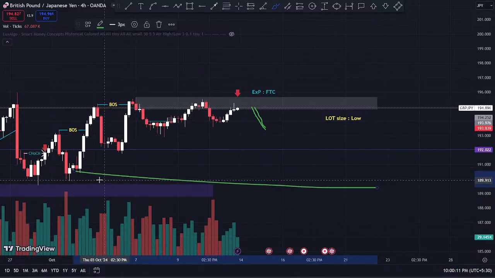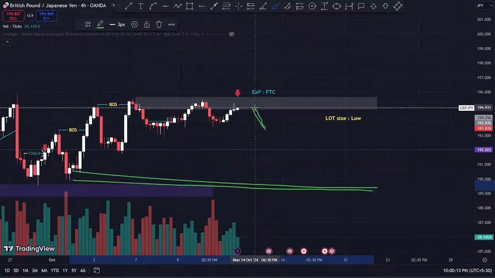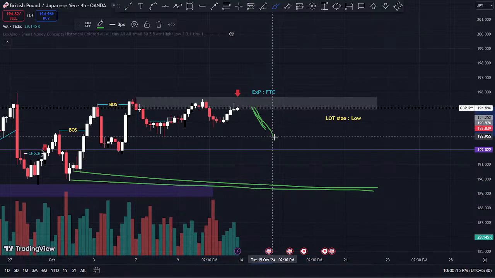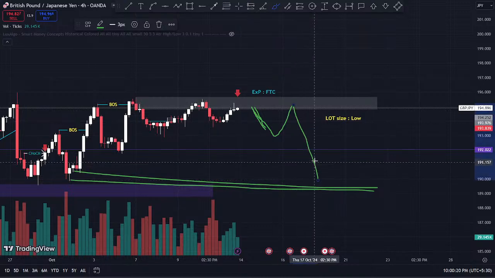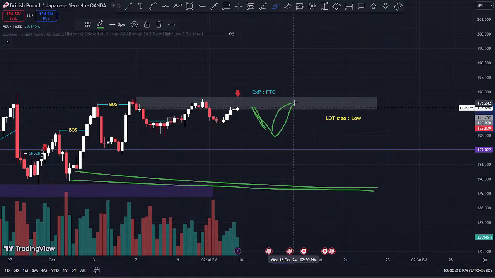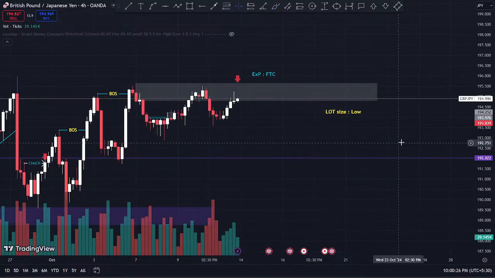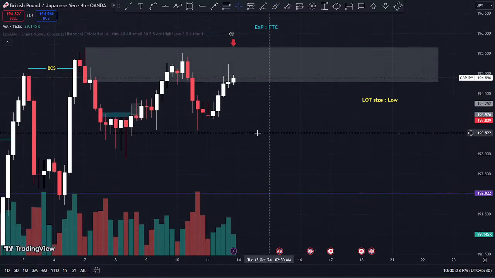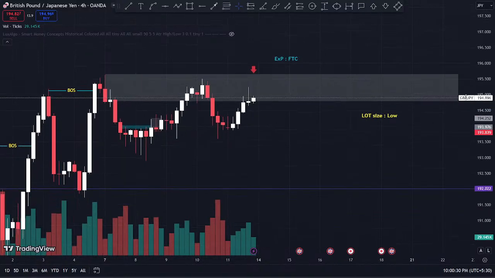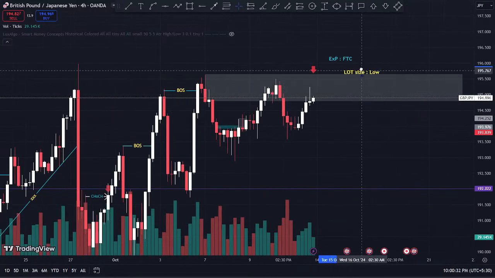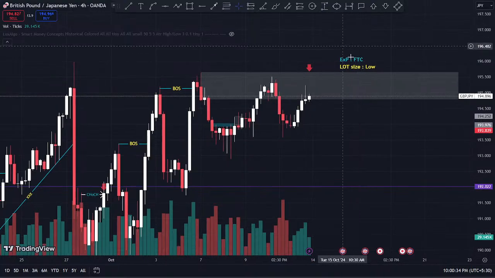But what eventually happens is an immediate reaction candle will appear and it will go down, and when you see this, you'll be scared. Okay, so here lot size very low, expectation is an FTC.